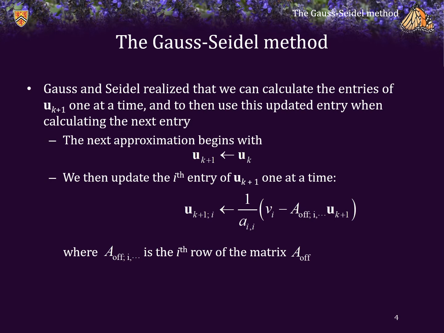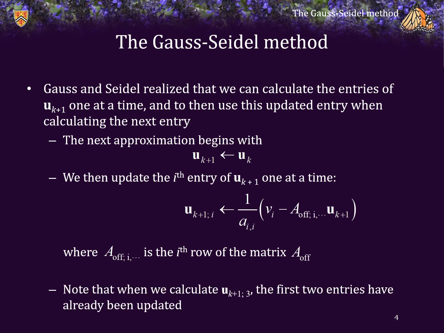For each ith entry of the next approximation, we will replace the ith entry with 1 over the diagonal entry of the matrix A times the ith entry of the target vector minus the ith row of the off-diagonal entries of the matrix A times the current vector U sub k plus 1.